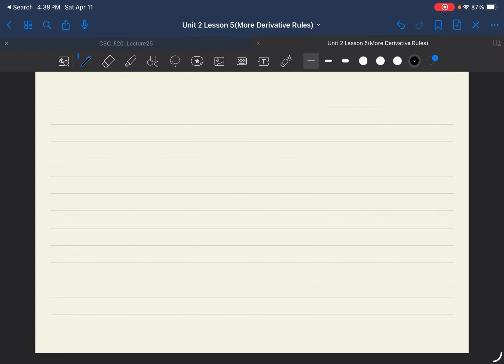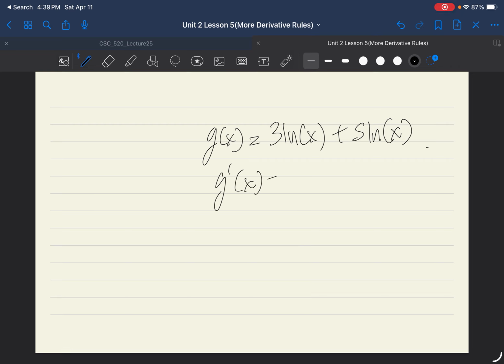Okay, so for example, let's say they just give you a random function. We'll call this one g of x. We'll say this is equal to 3 ln of x plus 5 ln of x. And then g prime of x must be equal to 3 over x plus 5 over x.